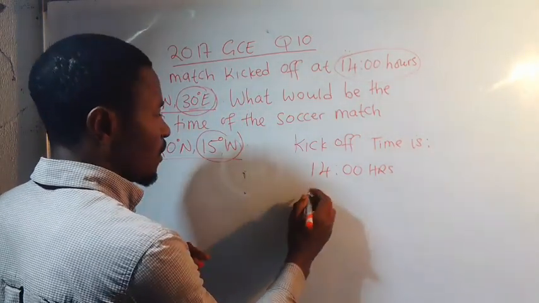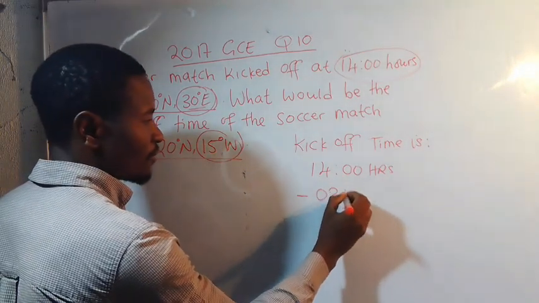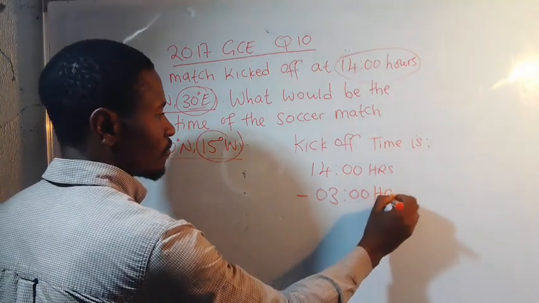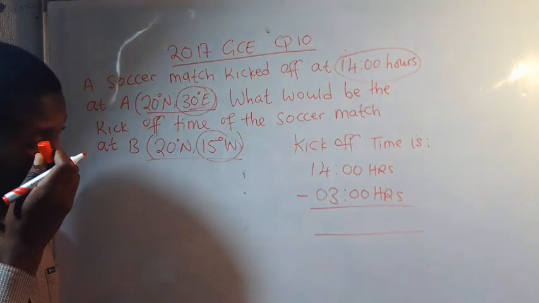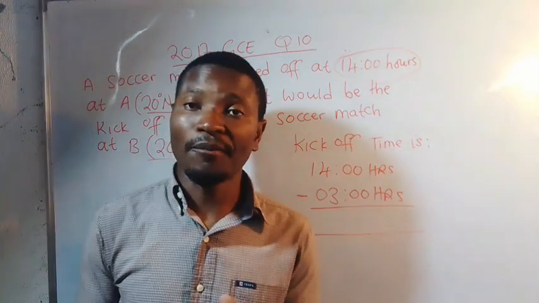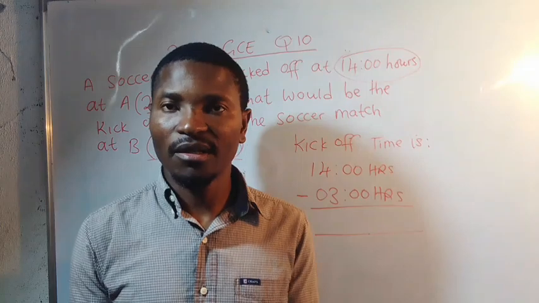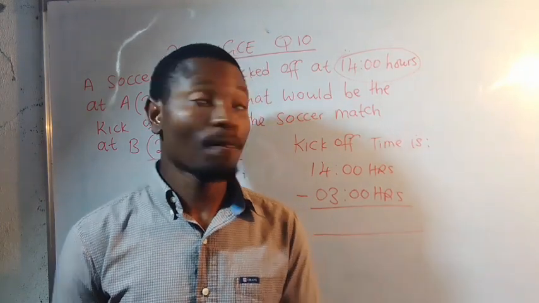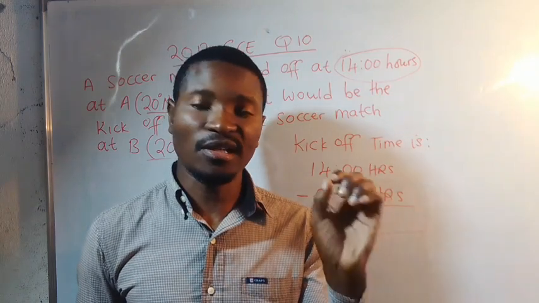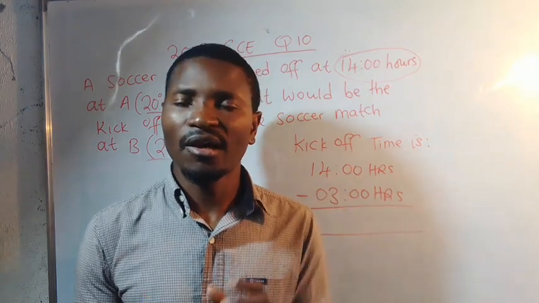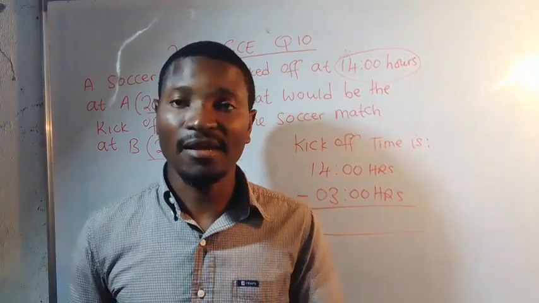So we are going to say minus 0.3. If you remember very well, our time difference was 0.3 hours, and we are looking at the time on the western part of that position. If the point is on the western part of the Earth's surface, they are behind by that time difference.